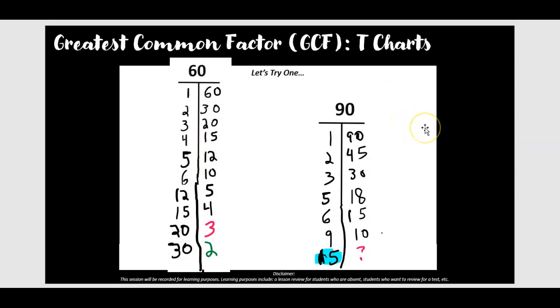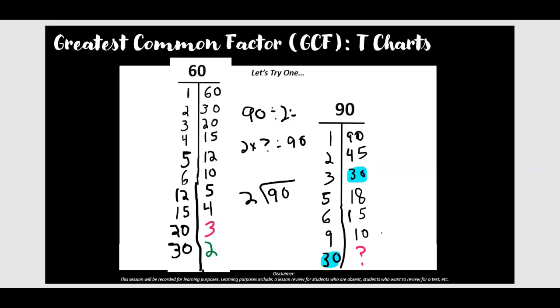I got 90 over here. I already did 15. What's half of 90? 90 divided by 2 is, or you could say 2 times something is 90, or you could do it this way, 90 divided by 2 is, well, 2 goes into 9 4 times. 4 times 2 is 8.